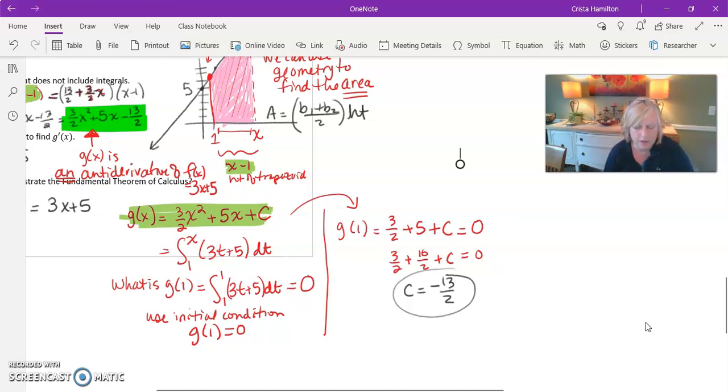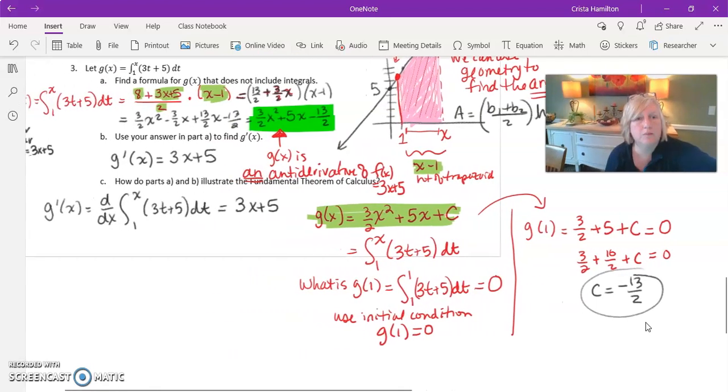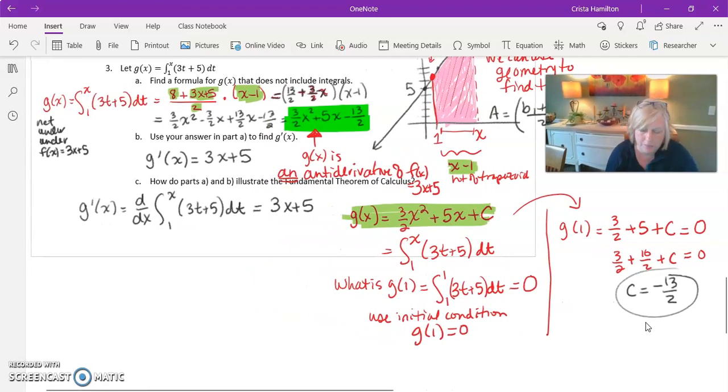All right, and then the final part here, part C, is how do parts A and B illustrate the fundamental theorem of calculus? Well, the fundamental theorem, part 1, simply says that the derivative of the accumulation function can be found inside of this definite integral, and the only difference is that you change your placeholder variable inside to the variable you're taking the derivative with respect to, which is the x and the x and the x right there.